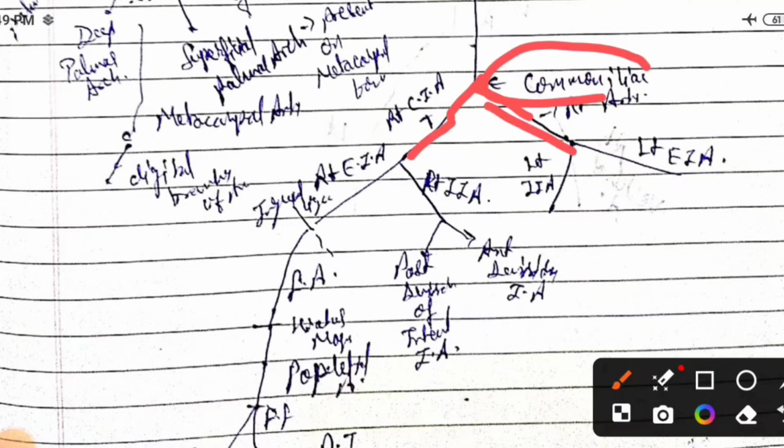The right common iliac artery divides into the right external iliac and right internal iliac. The internal iliac also divides into two, the posterior and anterior divisions. Up to the inguinal ligament it is considered the external iliac artery, and after the inguinal ligament the same artery continues and is named the femoral artery, FA. From the adductor hiatus this artery enters and converts into the popliteal artery.